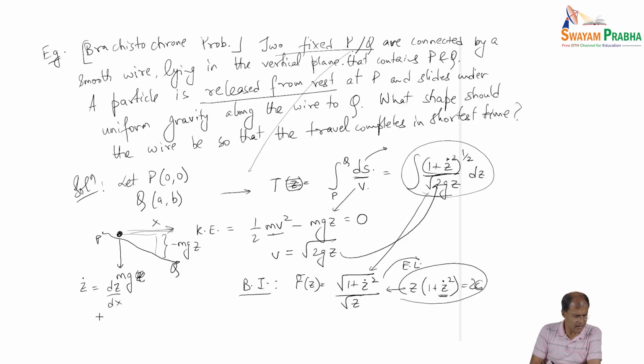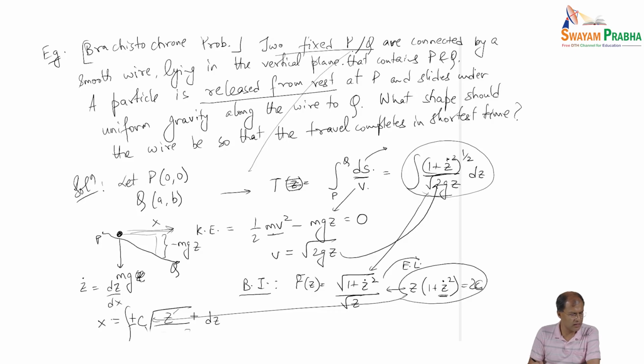So if we integrate this equation, we see that x is equal to plus or minus c times the integral of square root of z divided by (2c minus z) dz, and this is not going to be an easy integral, so we can use some trigonometric substitution.